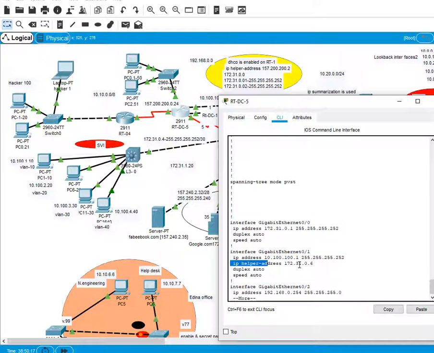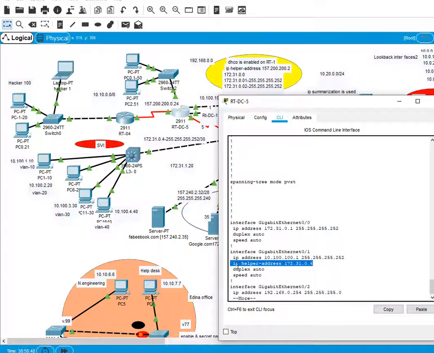So this is the IP helper. We said the router stops the broadcast. So when this computer here asks for a DHCP server, this router will stop it, because this router is not the DHCP server, right? It will stop that broadcast and say, hey, I don't know what you are looking for. It's going to drop that broadcast. So what is the solution?